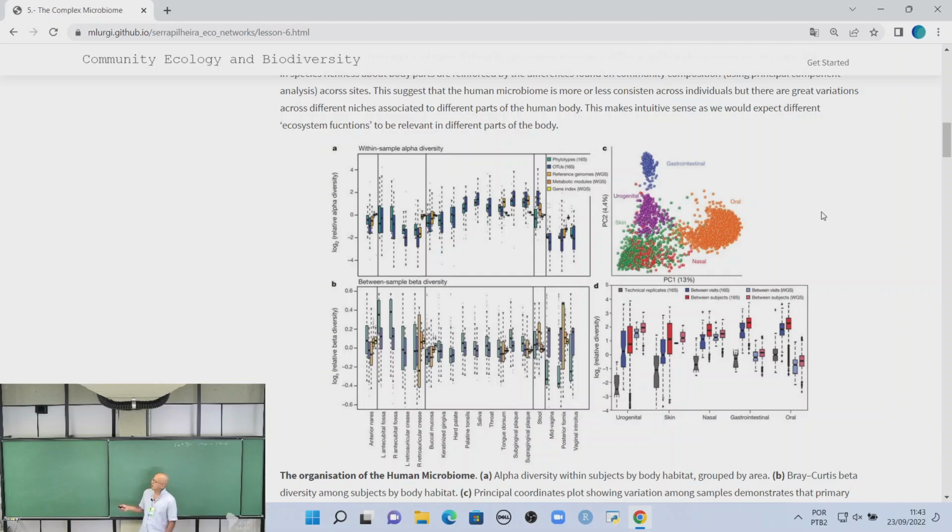So here you have samples coming from the oral cavity, then here from the gastrointestinal tract, and so on. And on this first top plot, we are looking at alpha diversity.